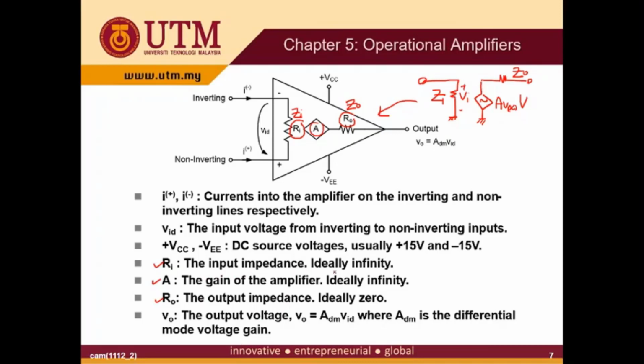For the ideal op-amp, the input impedance is infinity. The ideal op-amp also has infinite gain, and a zero Z out, output impedance. Another item that you need to focus on is the input current.